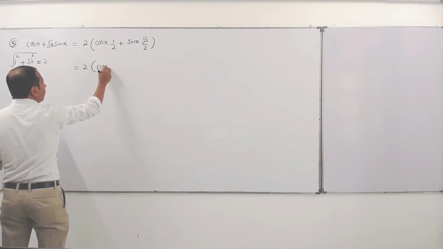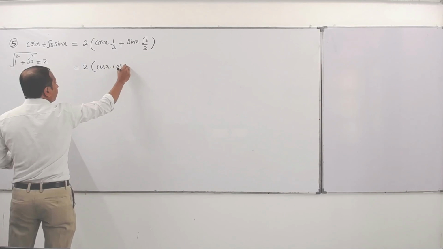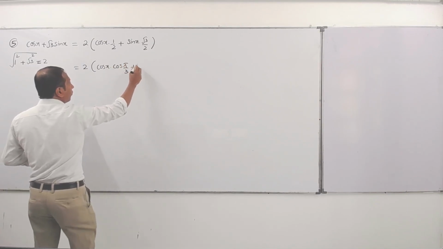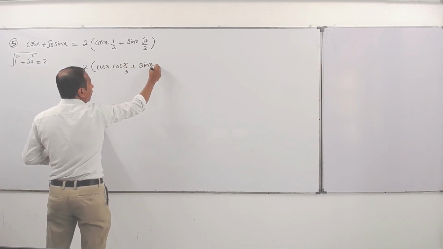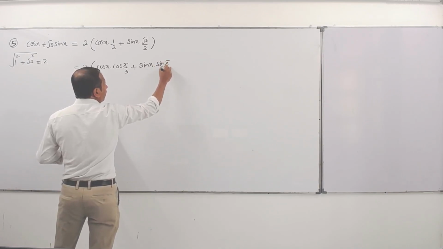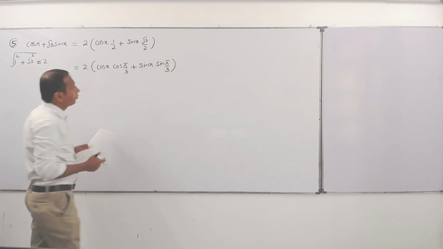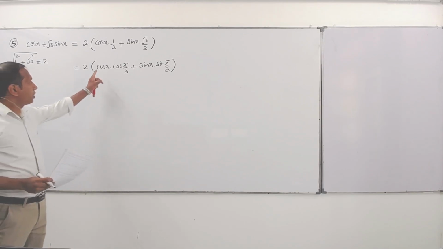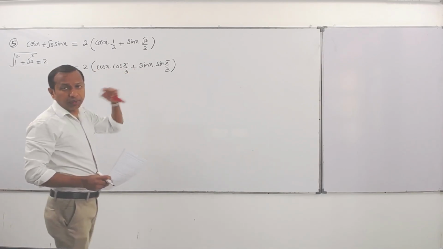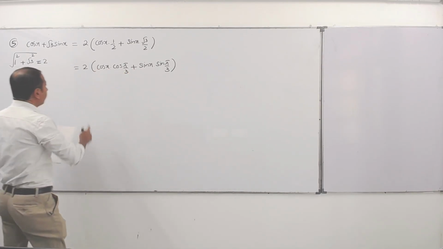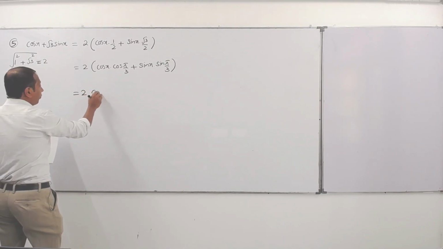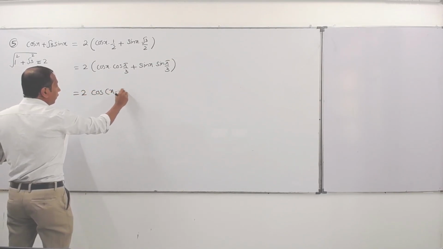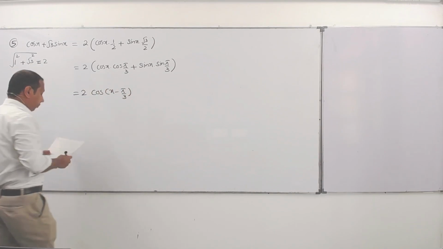I can write cos(pi by 3) into cos x plus sin x into sin(pi by 3). This takes the form cos A cos B plus sin A sin B. That is cos(A minus B), no? 2 cos(x minus pi by 3).